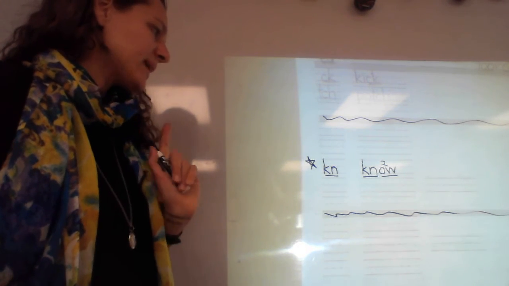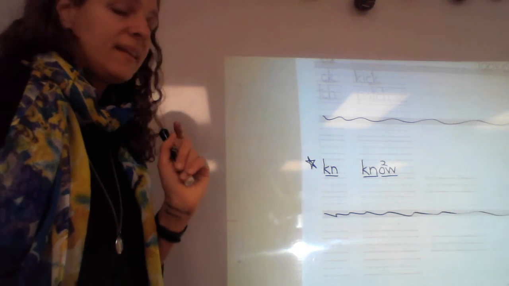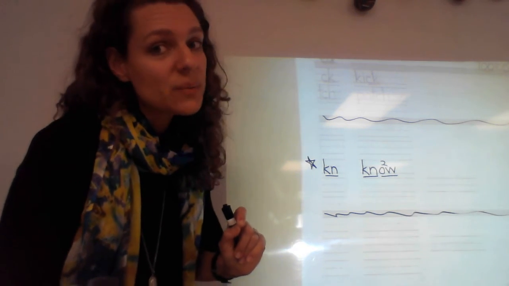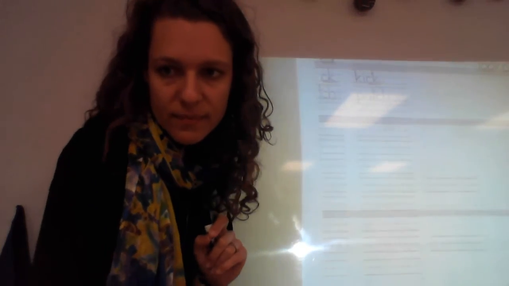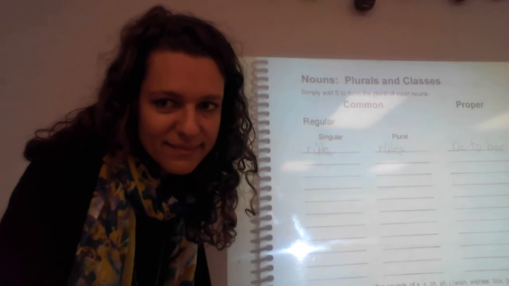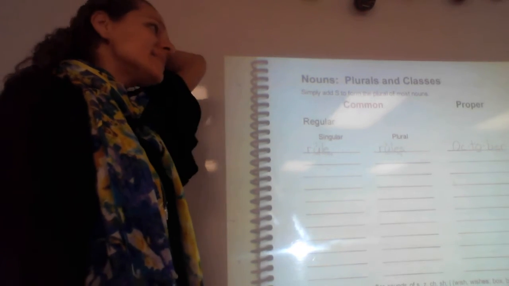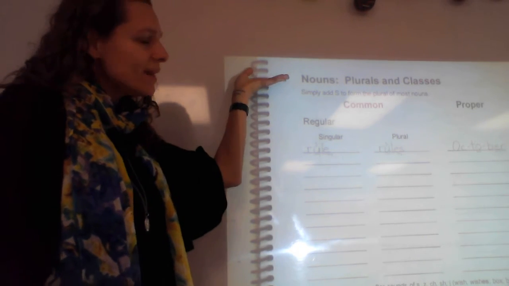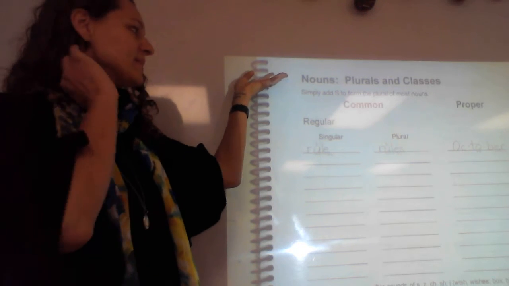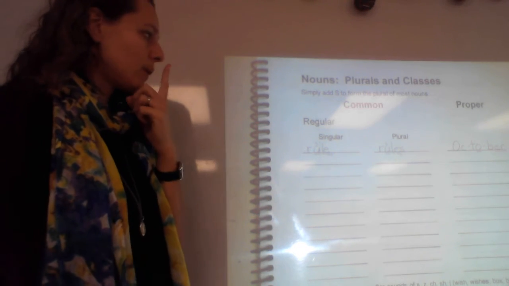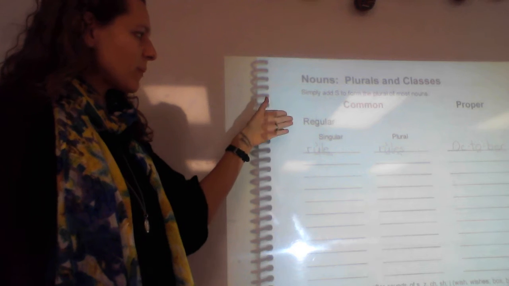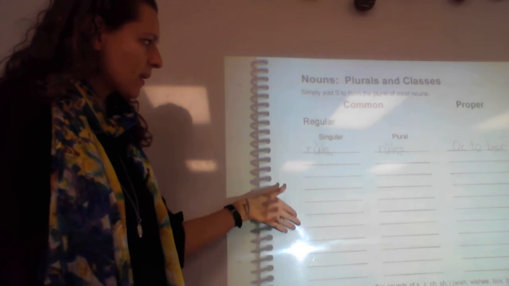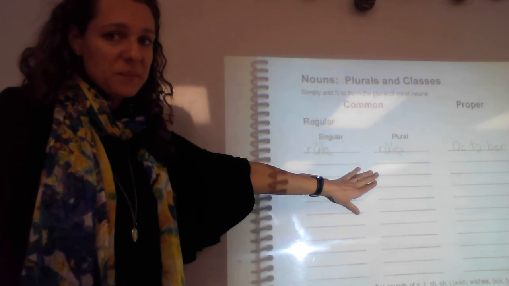All right, next, let's go to page 25. Page 25 is one of our nouns pages. This one's talking about plurals. So remember, we've got our regular plurals up here.